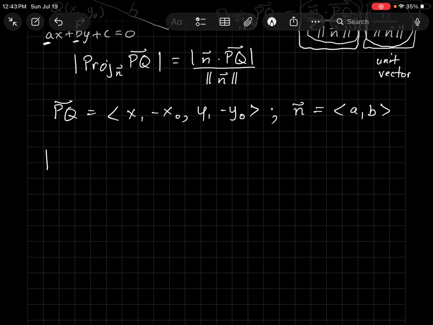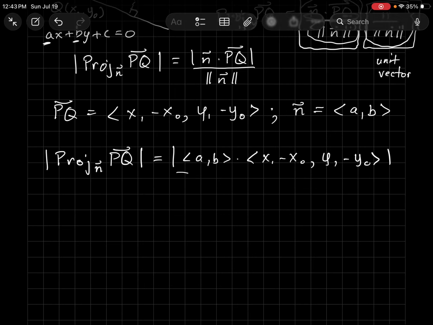So if we find the magnitude of the projection of PQ onto n, we get n dot PQ, so I would have AB dot x1 minus x naught, comma, y1 minus y naught, all over the magnitude of n, which is the square root of a squared plus b squared.